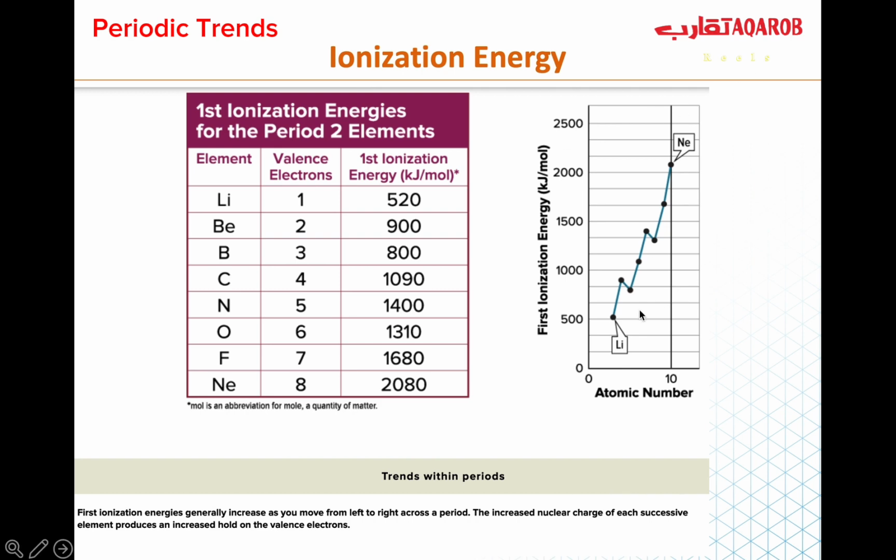As you see, we have in the same period Li, then Ne. Look how Ne has a higher first ionization energy than Li. The increased nuclear charge of each successive element produces the increased hold on the valence electrons.